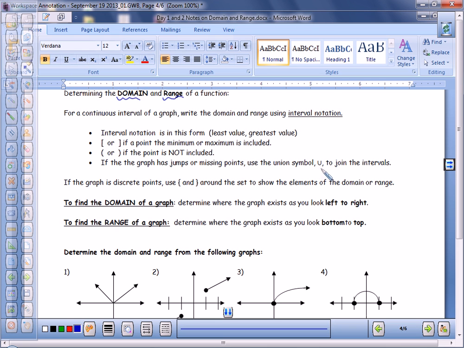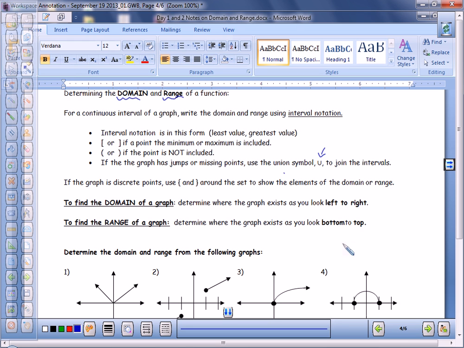Now, if the graph is discrete points, just dots, we're going to use the braces to show the elements of that domain or range. Now, for domain, we always look left to right. For range, we always go from the bottom to the top.